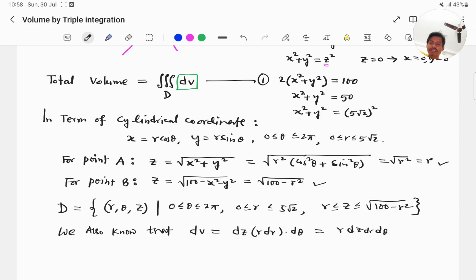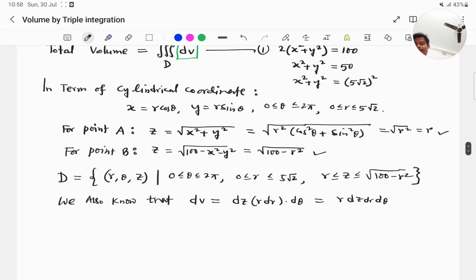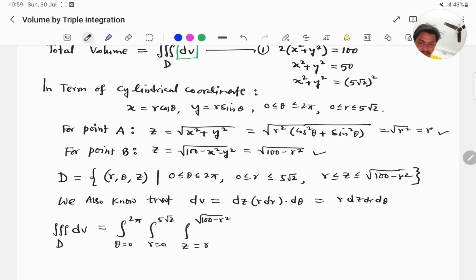I mean, the integration that we will get here will be easy to calculate, so we are going to do it. So triple integral dV in term of cylindrical coordinate, it will be theta move from 0 to 2 pi, r move from 0 to 5 root 2, and z move from r to square root of 100 minus r square, and then r dz dr d theta.